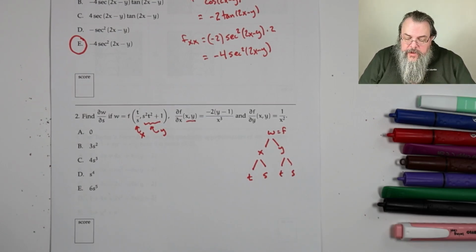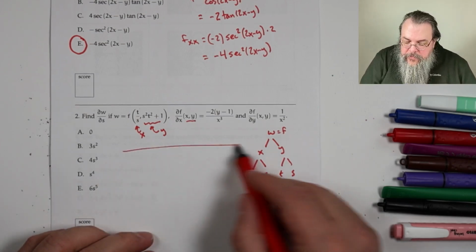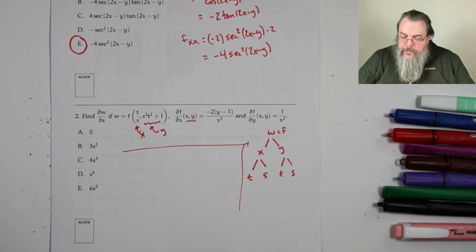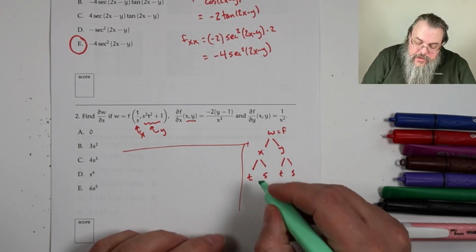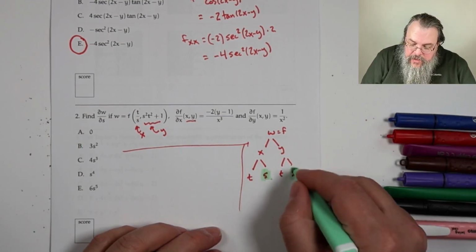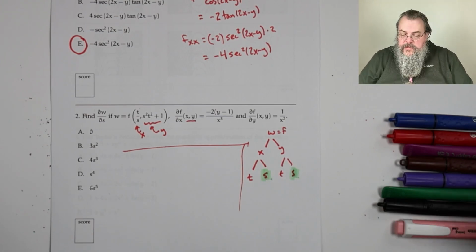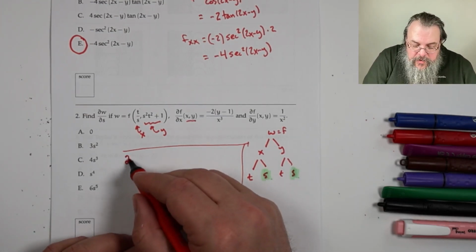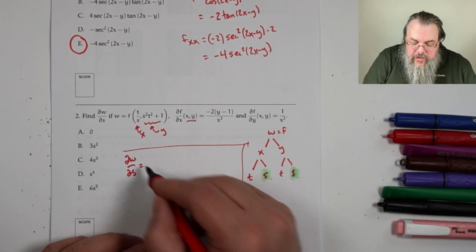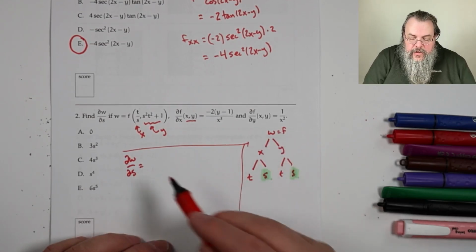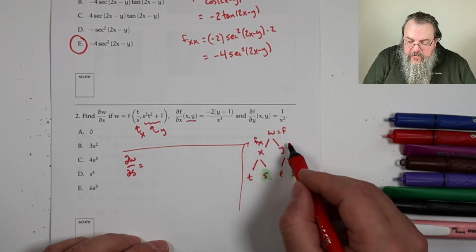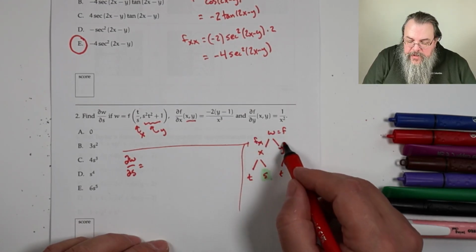Well, we're after the following. We want to do partial w, partial s. And we say, all right, where does s show up? It shows up in these locations here. And so we say, all right, well, partial w, partial s is, if we do our rules, partial w, partial x, and this is f sub x, partial w, partial y, by the way, is f sub y.